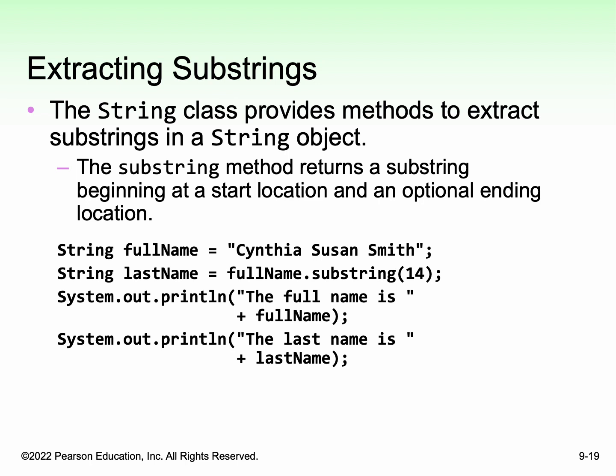In this piece of code, we have the fullName string that is Cynthia Susan Smith. For the last name, we want to take a substring of our full name, beginning at index 14, and then we want to print the full name is with the full name and the last name is with the last name.